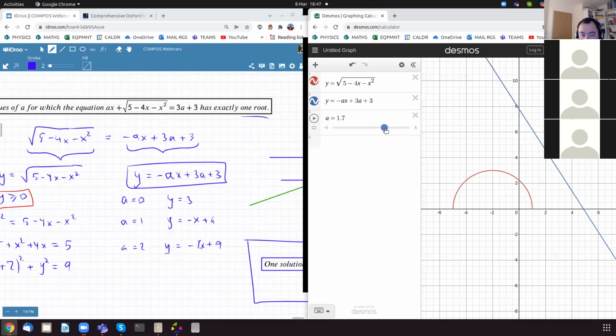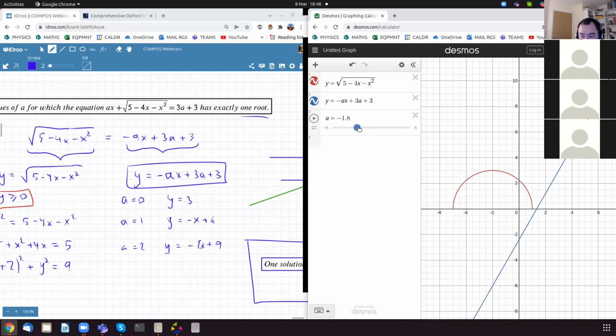If a is positive, there are no solutions, no solutions, no solutions. And then bam, one solution. That's a equals 0, one point of intersection. Then you go to 2 points of intersection. Then you get to a point where it's still two solutions, now it's only one solution, one solution, one solution.